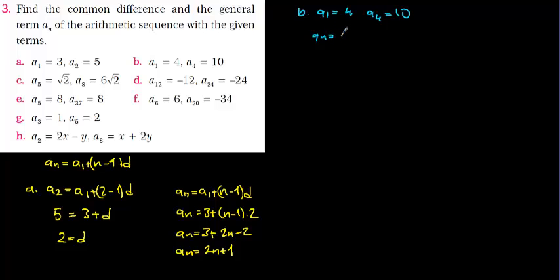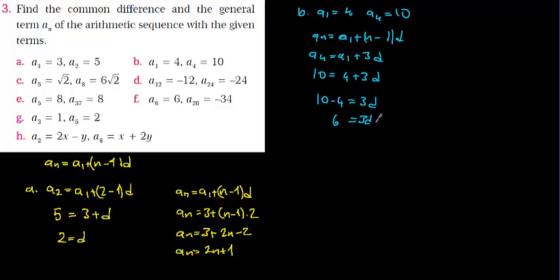An is equal to a1 plus n minus 1 times d, and a4 is equal to a1 plus 3d. a4 is equal to 10, so 10 is equal to 4 plus 3d. 10 minus 4 is equal to 6, which is equal to 3d, and d is equal to 2.